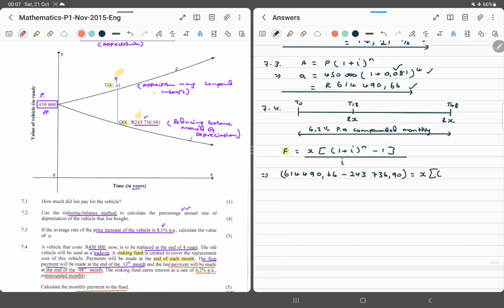So this is 1 plus i, where i is 6.2 divided by 100, it's 0.062 over 12, because this is monthly. Now we need to know, what is this time period? How many payments are these? So we're going to take the last payment and subtract this one, and then add 1 because there's already an extra payment.